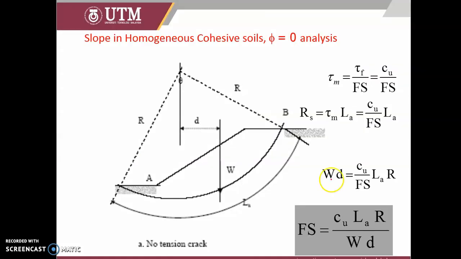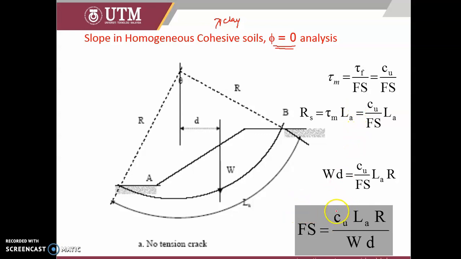So in the homogeneous cohesive soil, where we assume phi is 0, so cohesive soil, usually clay. When we assume phi is 0, we can develop the FOS.